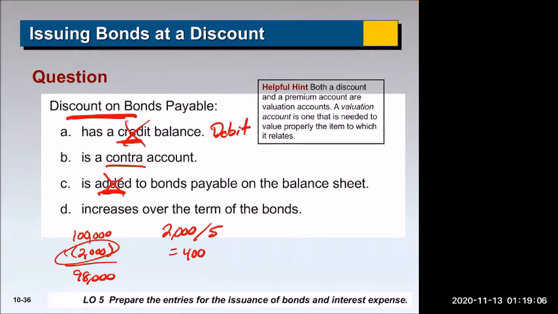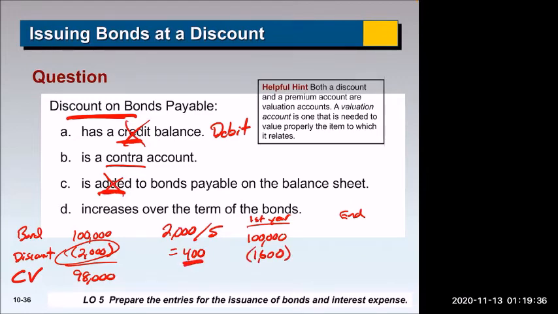After the first year, I'm just going to show you what this looks like, okay? After the first year, I'm still going to have $100,000 of bonds. So bond, discount, and then carrying value, CV. So I would have 100,000, and then I would have 1,600 left in my discount after I amortize it.